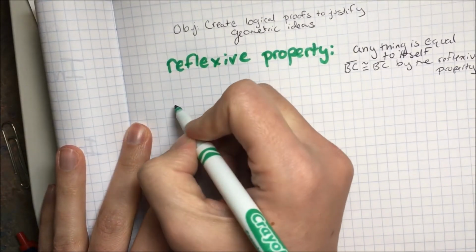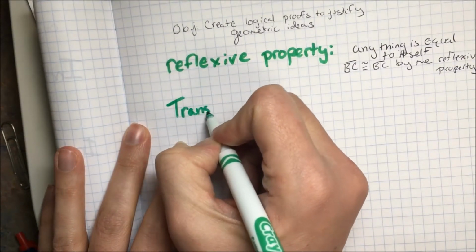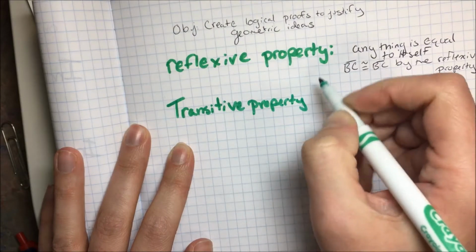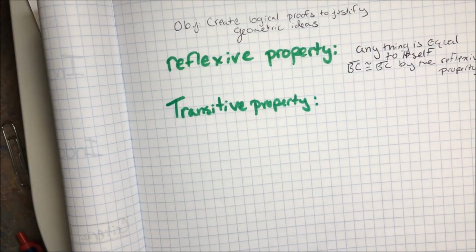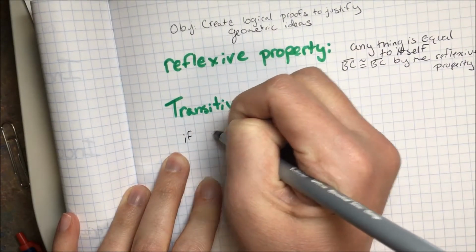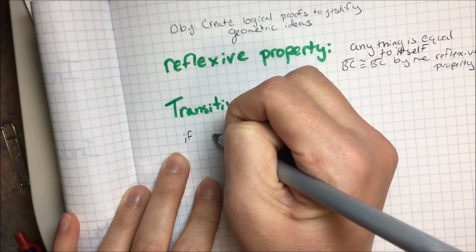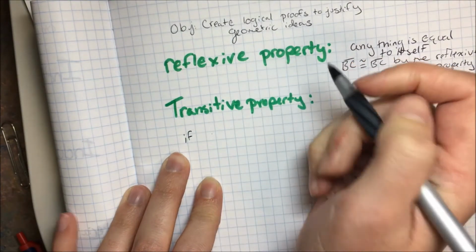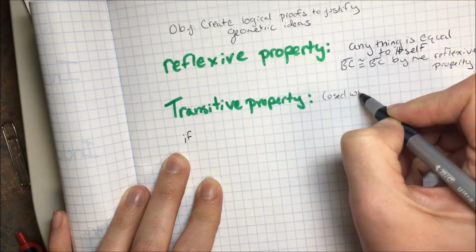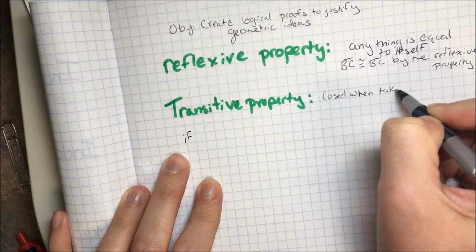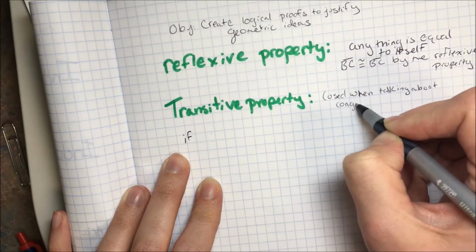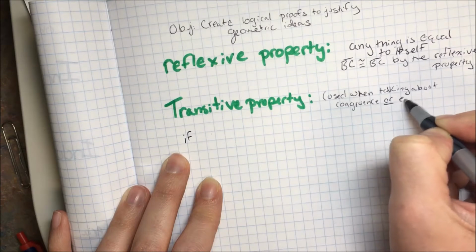The transitive property says, if, so we use the transitive property when we talk about congruence or equality.